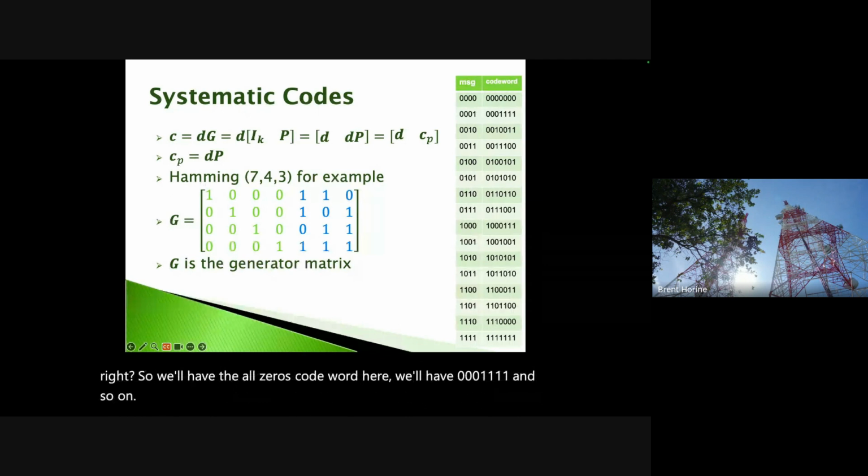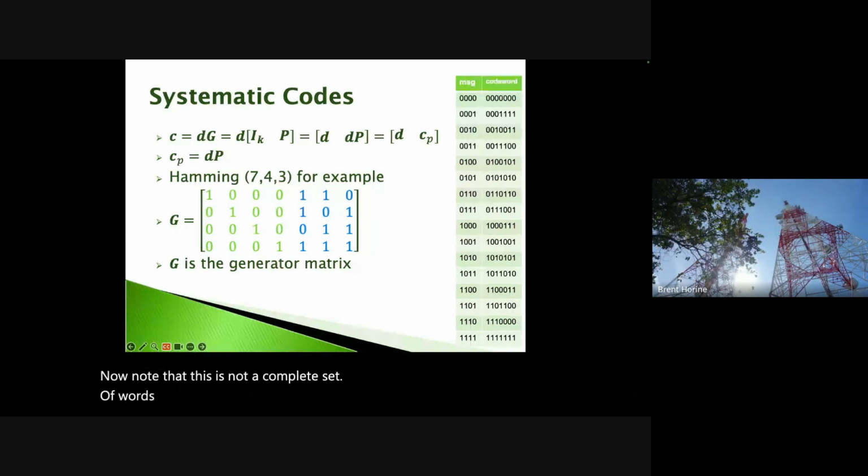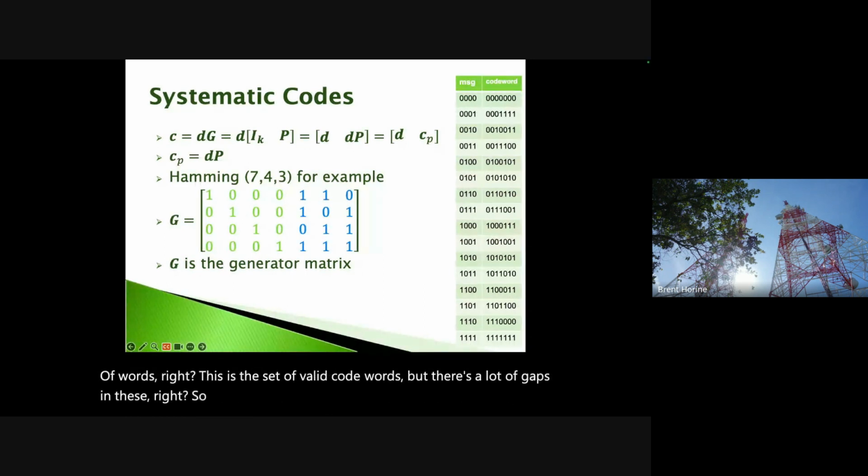Now note that this is not a complete set of words, right? This is the set of valid code words, but there are a lot of gaps in these. So if you get a code word that's not in this list, that means something went wrong.